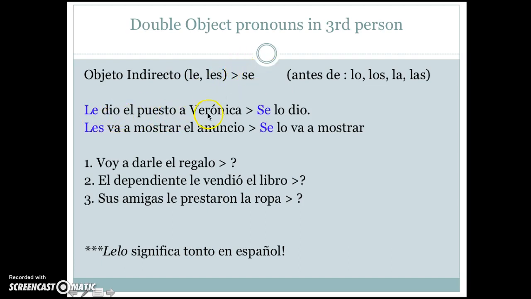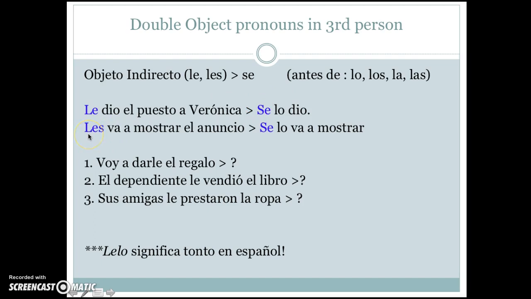Le dio el puesto a Veronica. They gave the job opening to Veronica. Now we want to say they gave it to her. Well, they gave what? El puesto es el objeto directo, singular, so we have lo, and they gave it to who? To her, le, but we can't say lelo, so we change the le to se.